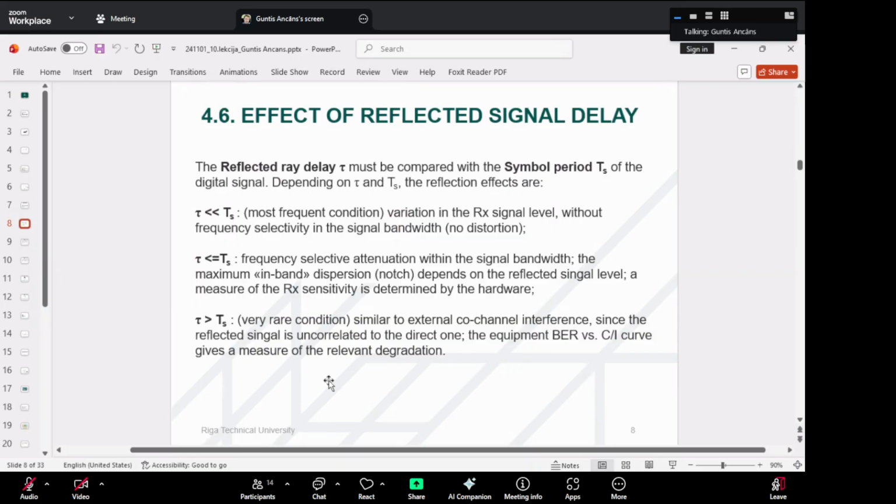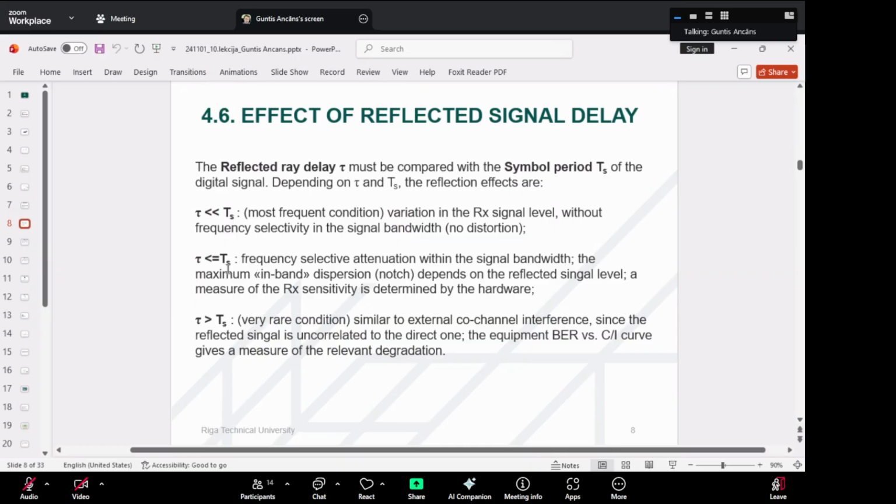First, when the reflected ray delay is much smaller than the symbol period, this is the case for variation in the receiving signal level without frequency selectivity in the signal bandwidth.